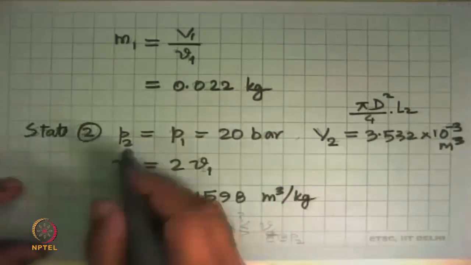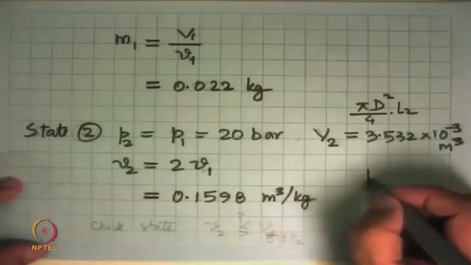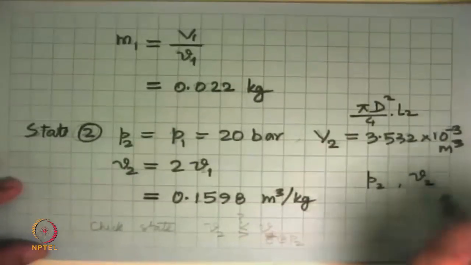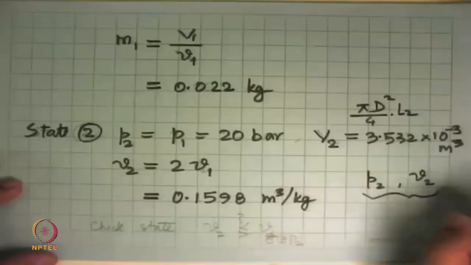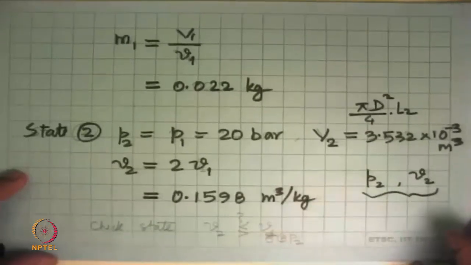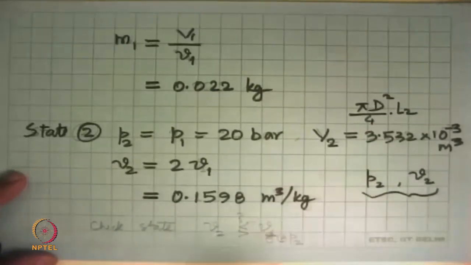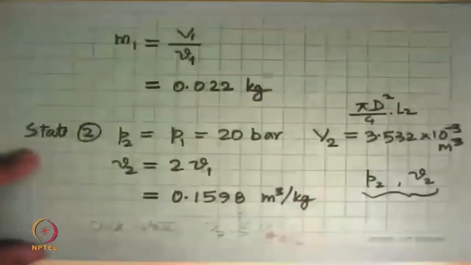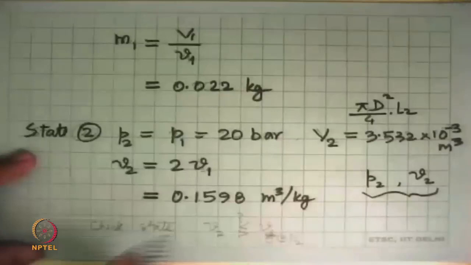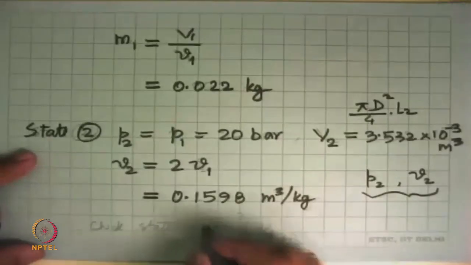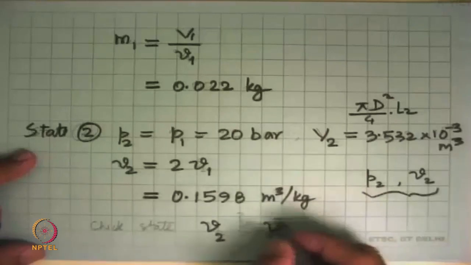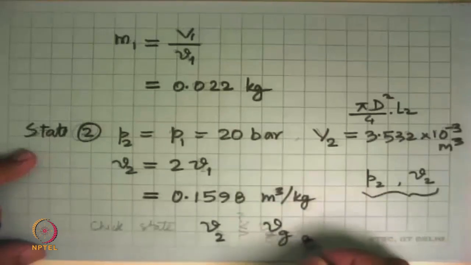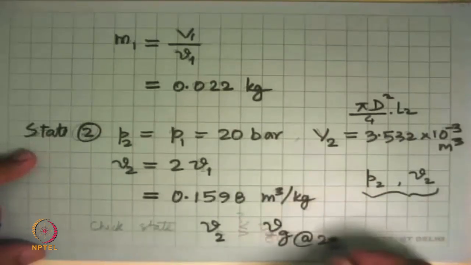Now, state 2, we got P2 and we have V2. These are independent properties, so everything is completely specified. So we have to now go back and say, well, how do I get the remaining property, temperature? So we make a quick check and say, how does this V2 compare with Vg at 20 bar, which is P2?